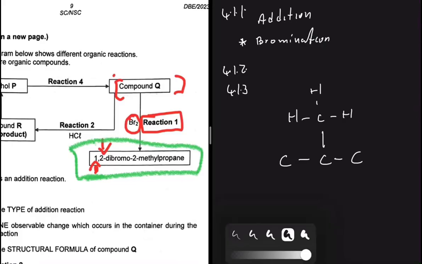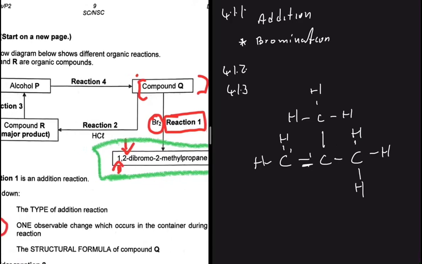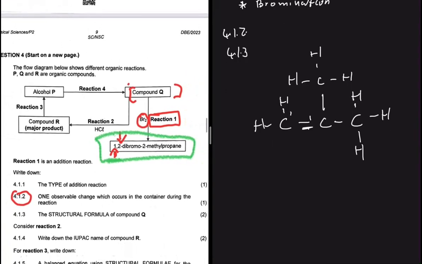So we're going to have a double bond here, and everywhere else we can fill it out with hydrogens, since it's saturated. 1, 2, 3, 4, that one is okay, and the one in the middle, 1, 2, 3, 4, is also fine. So yes, this is the structural formula of compound Q.